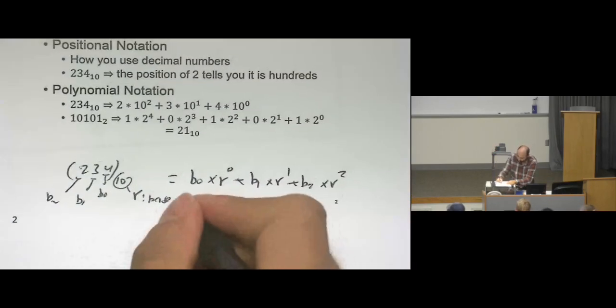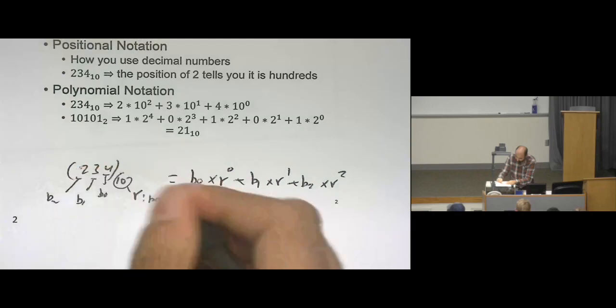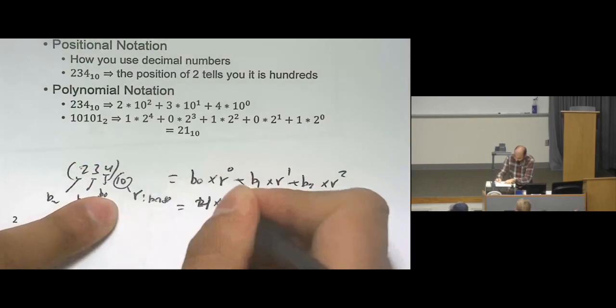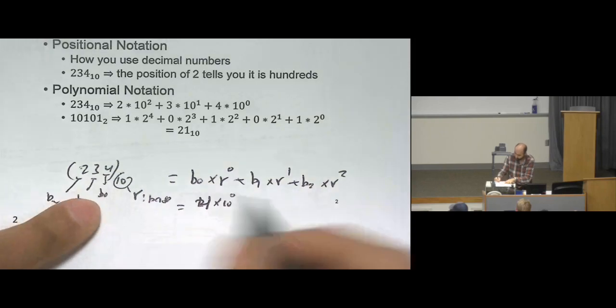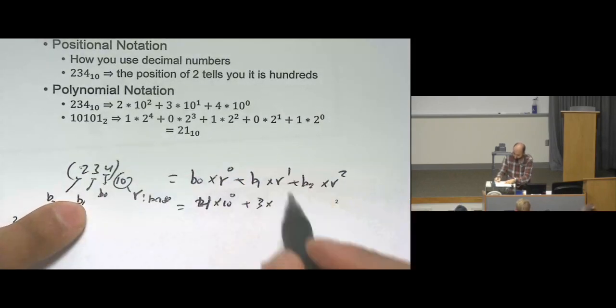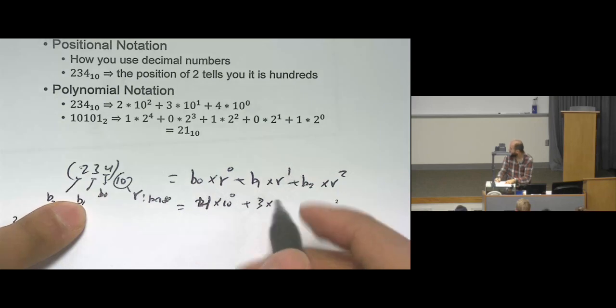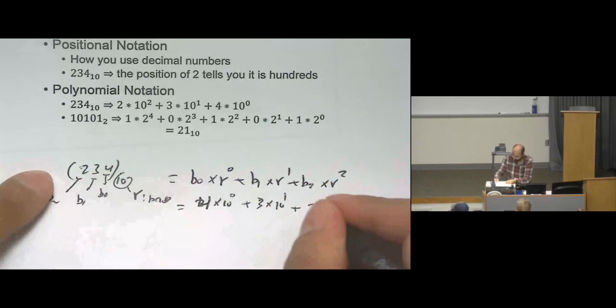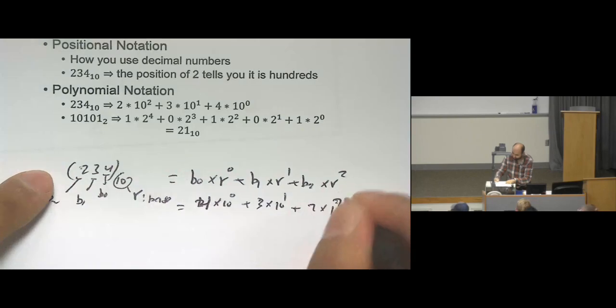Then this number will be 4, B0 is 4, times base, which is 10 power 0, plus 3 times base, which is 10 power 1, plus 2 times base 10 power 2.